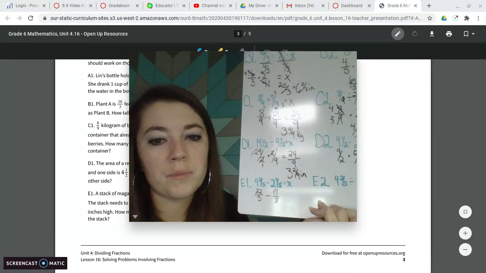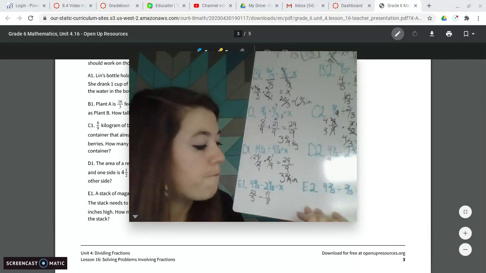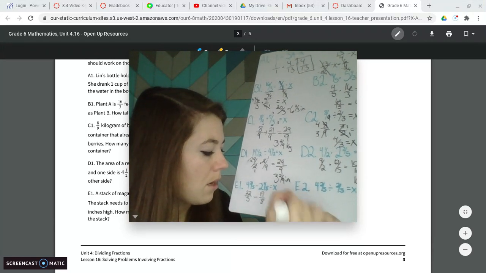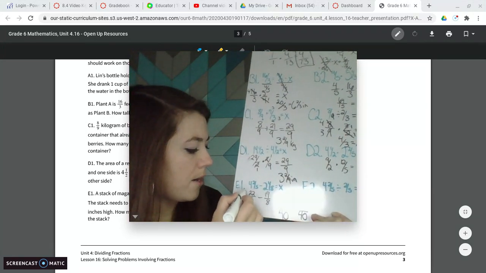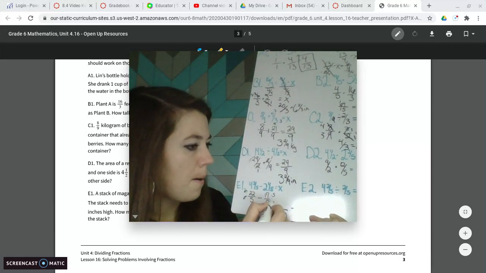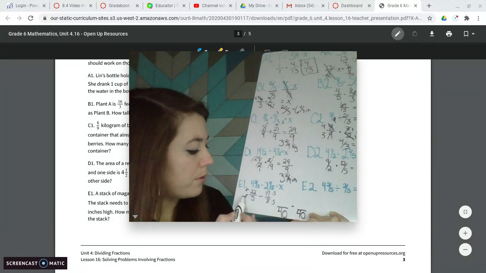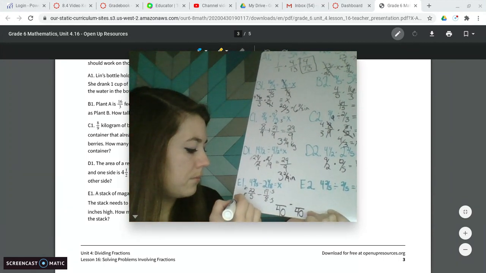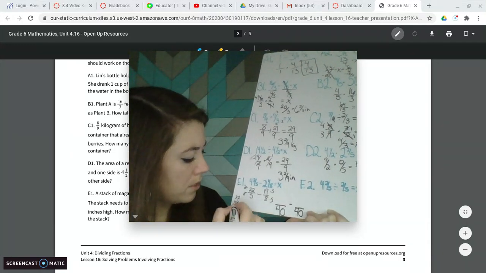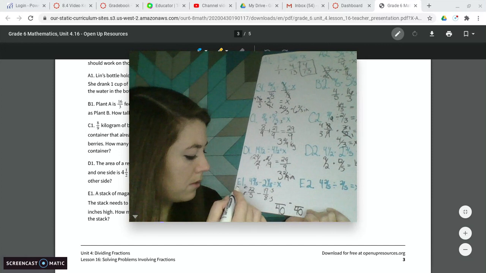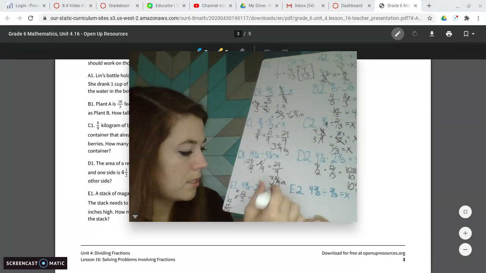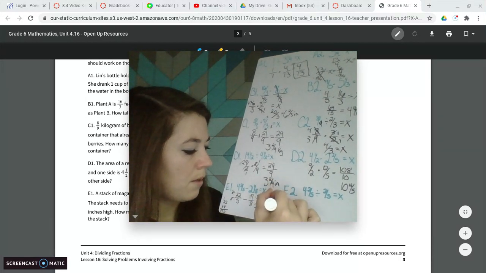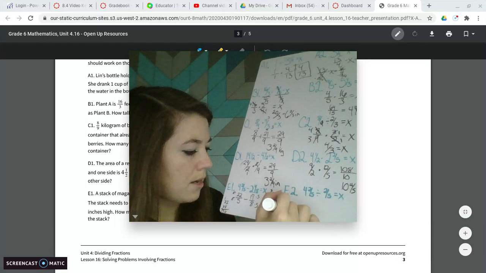So the common denominator between 5 and 8 is going to be 40. So we multiply everything over here by 8. We multiply everything over here by 5. So 8 times 5, obviously 40. 22 times 8. Off the top of my head, I don't know it. 176. And 17 times 5, 85.